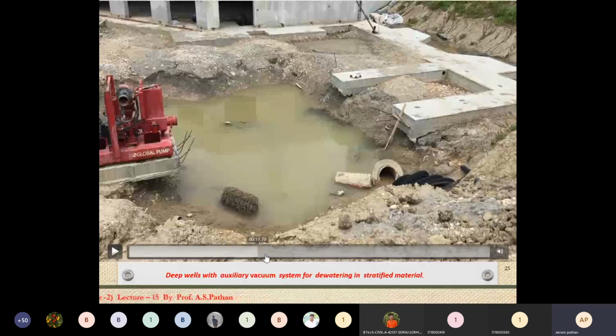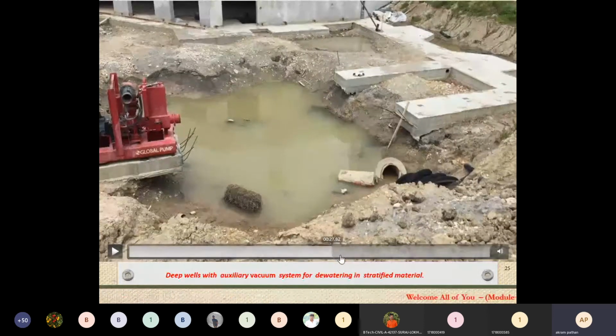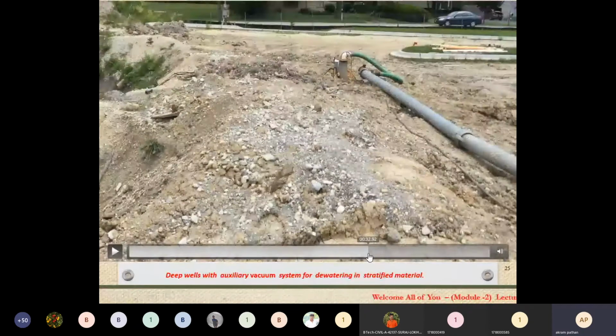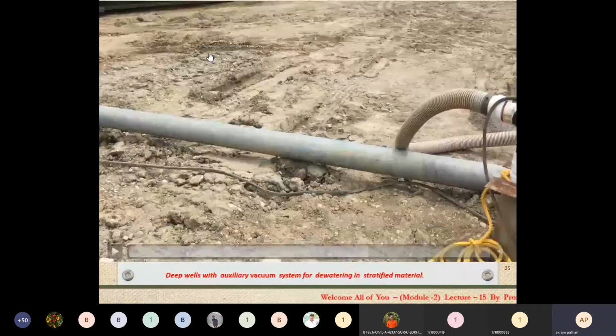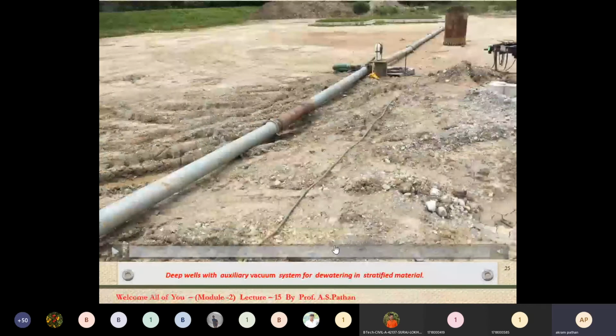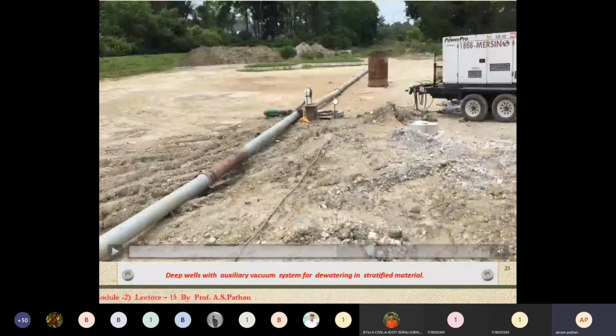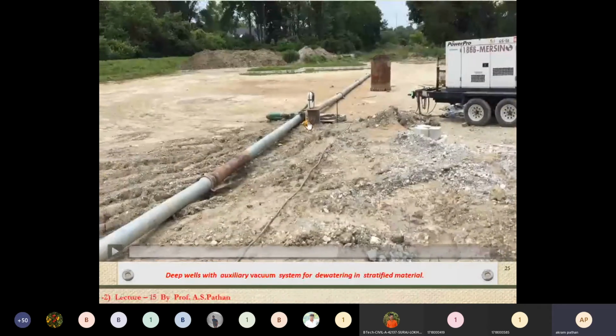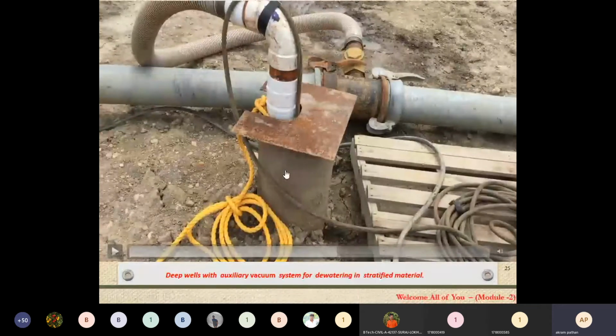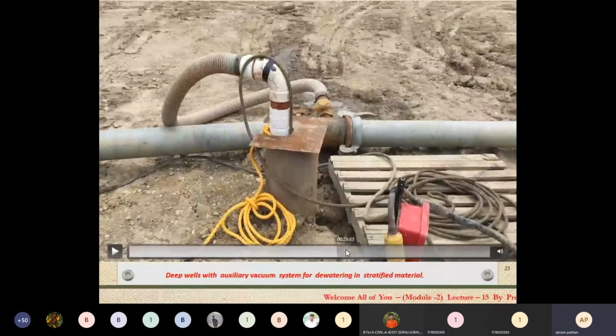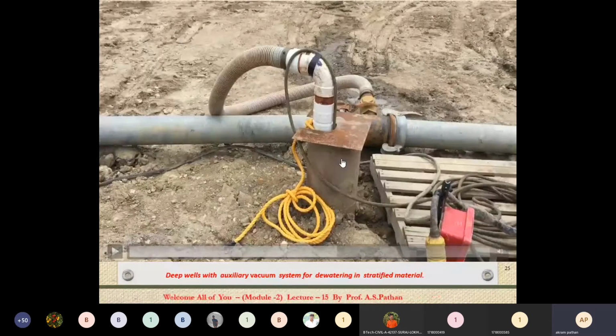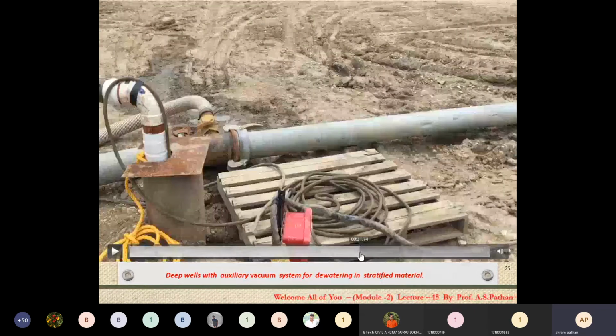So in this deep well system for dewatering, in this diagram you can see the first well. This is a bore well, 15 to 16 centimeter in diameter. Then we excavate the borehole near the excavated area and insert a submersible pump, and we excavate another bore.